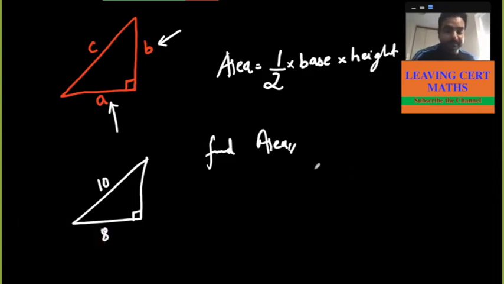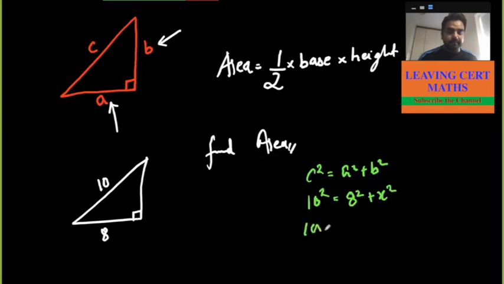So C squared equals A squared plus B squared. So 10 squared equals 8 squared plus X squared. 10 squared is 100, equals 8 squared, which is 64, plus X squared.